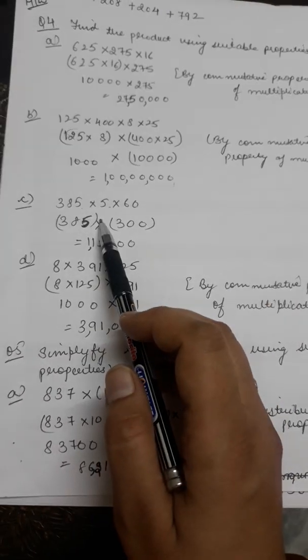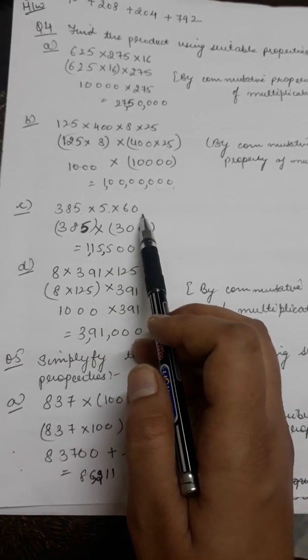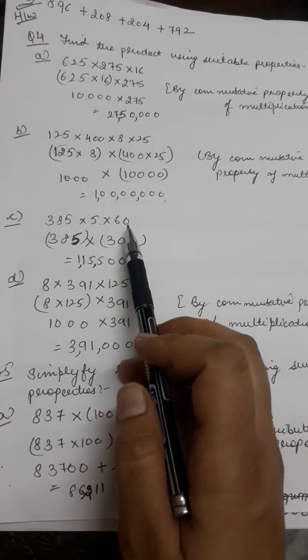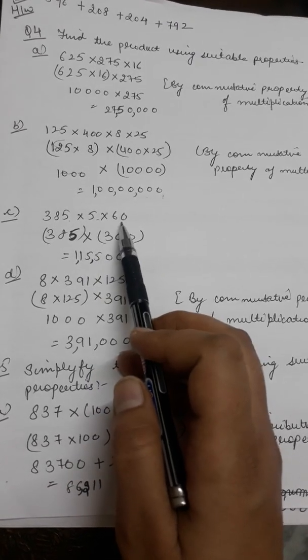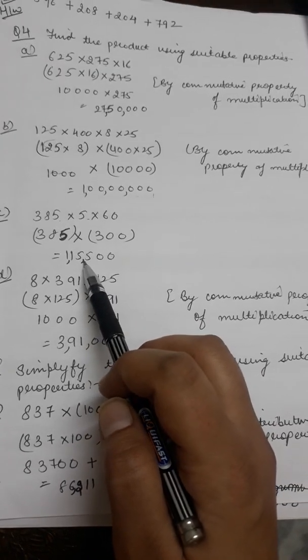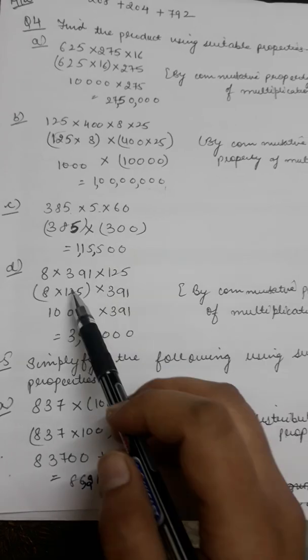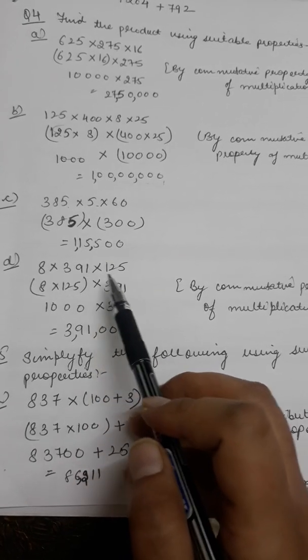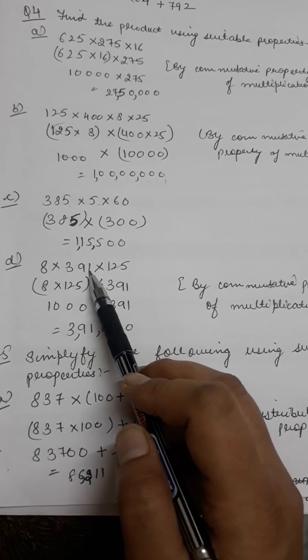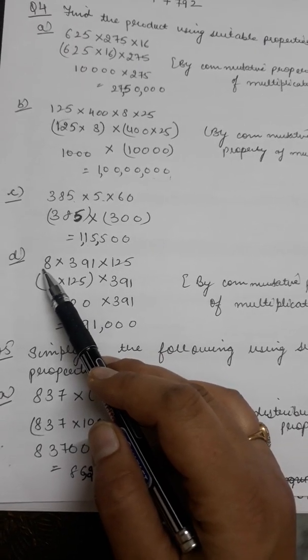C part is 385 multiplied by 5 into 60. So again 385 multiplied by 5 multiplied by 60, 5 into 60 will give you 300. So after multiplication the answer is 1,15,500. D part is 8 into 391 into 125. Now see, when this 391 ones place is 1 multiplied by 8, the answer will give you 8.